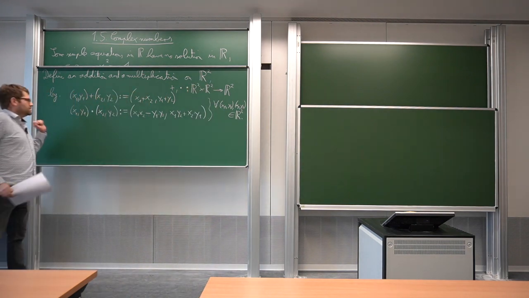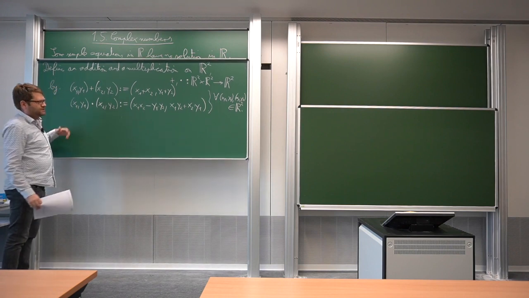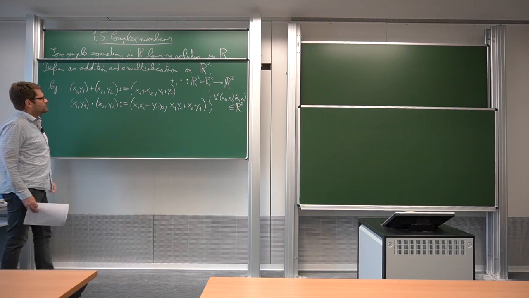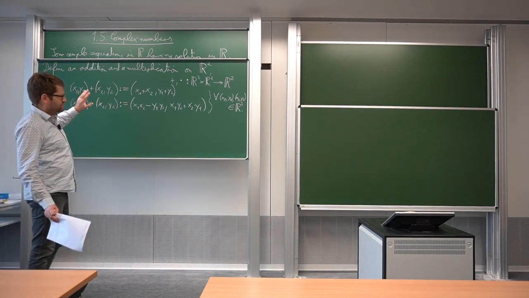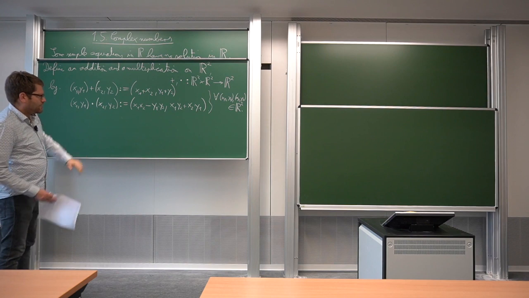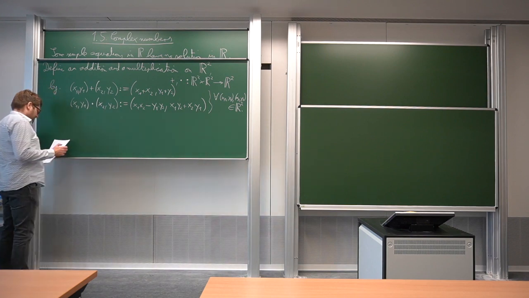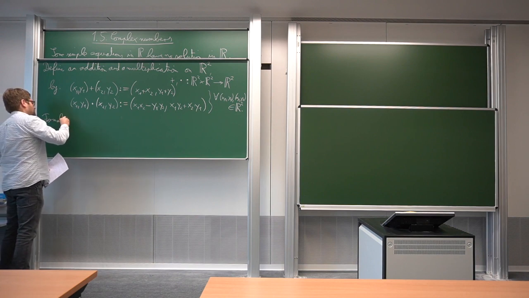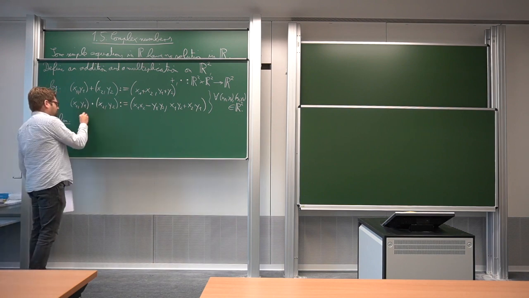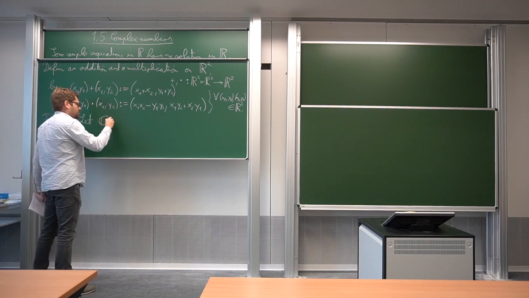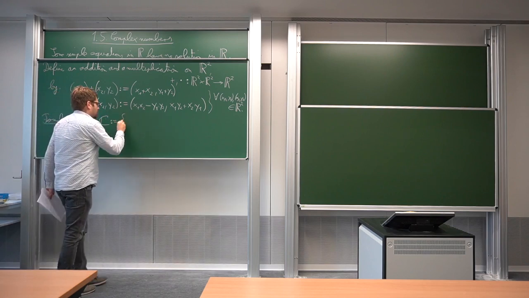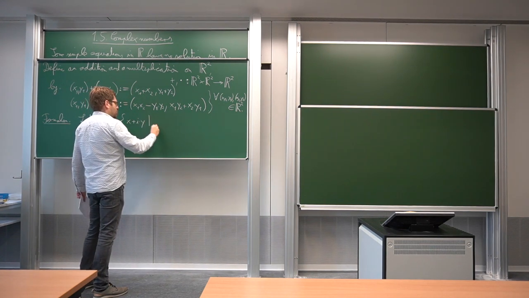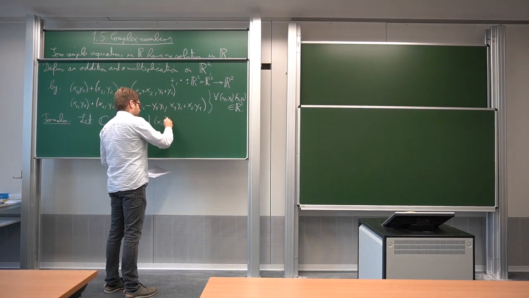So now, to introduce the complex numbers, you maybe have already seen or heard something about complex numbers, where there's this imaginary unit I. What we now do is introduce a different formalism, because it's actually not more than that. We have this addition here on R2, but we want to write the complex numbers differently. Namely, we let C denote just the set of all elements x plus I times y, where x comma y is in R2.